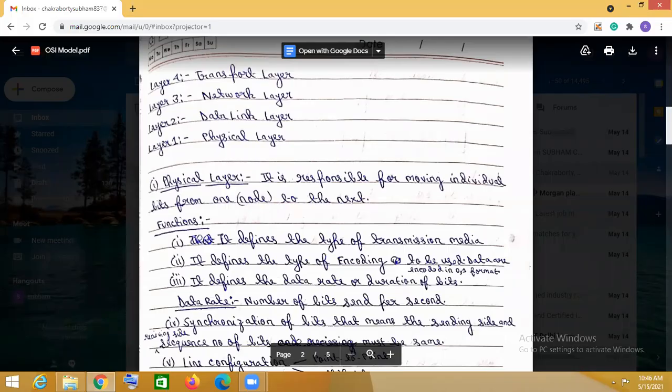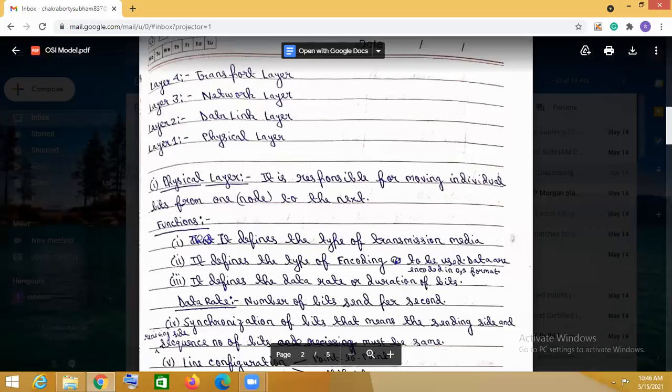Transmission medium means you know whether it is wireless or wired media. Whichever transmission media should be used between them. So the physical layer defines the type of transmission media: wired or wireless transmission, or we can say guided or unguided.